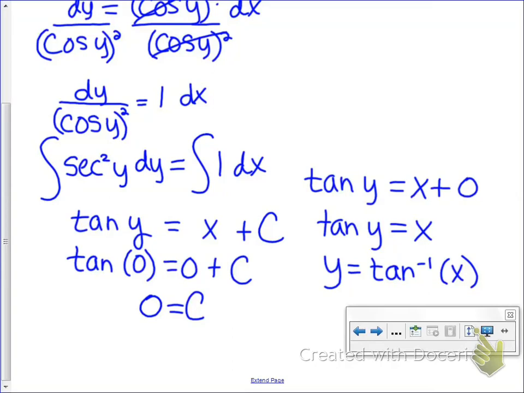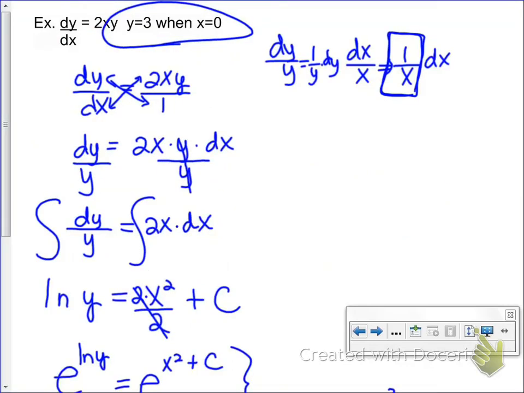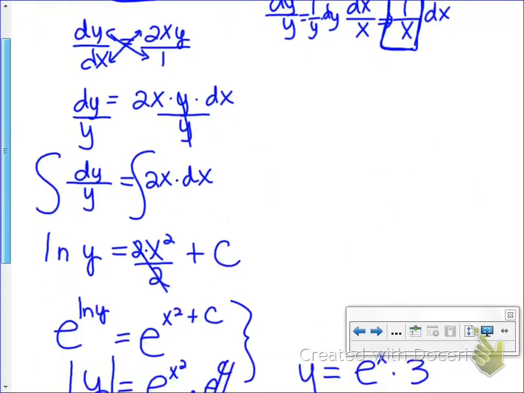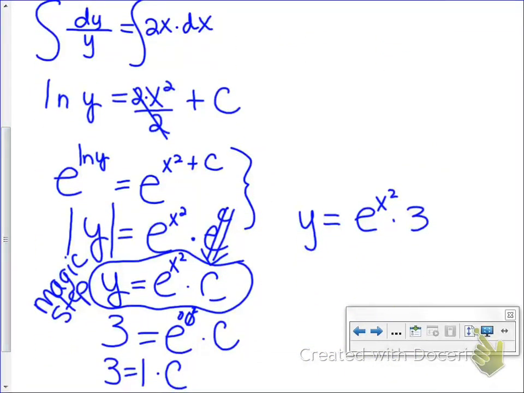Any questions on this one? This one's more like the first one. It's just a different type of function to work with, but it's more like the first problem where you're just taking antiderivatives of both sides. The other thing people sometimes get stuck on is the problems where you have the ln and you have to use the e. The question is always, when do I plug in the numbers?